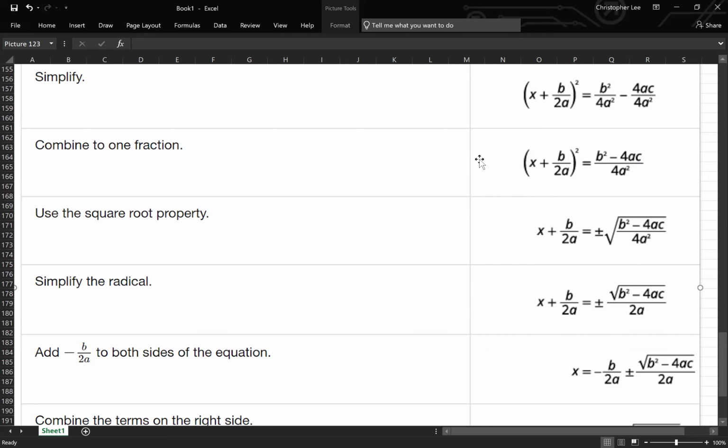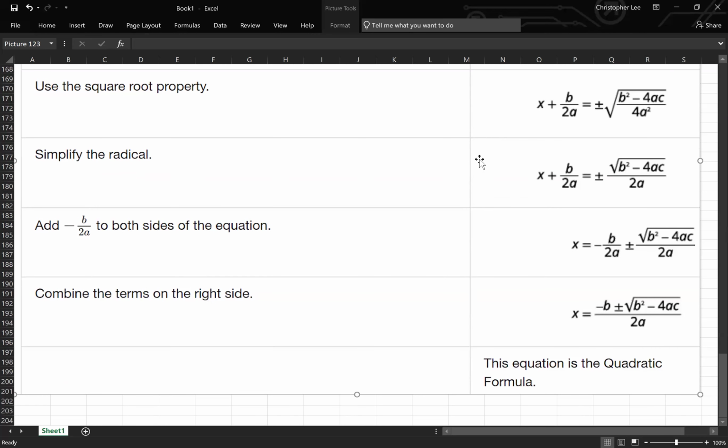So we have x is equal to negative b over 2a plus or minus the square root of b squared minus 4ac divided by 2a. Combining it all, you get negative b plus or minus the square root of b squared minus 4ac all divided by 2a. So this formula is the quadratic formula. This is what we're plugging our numbers into.